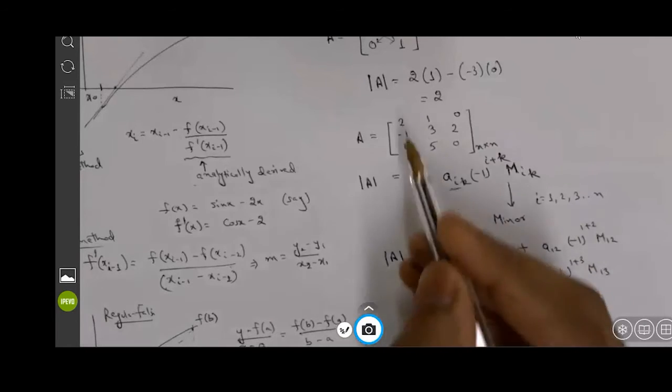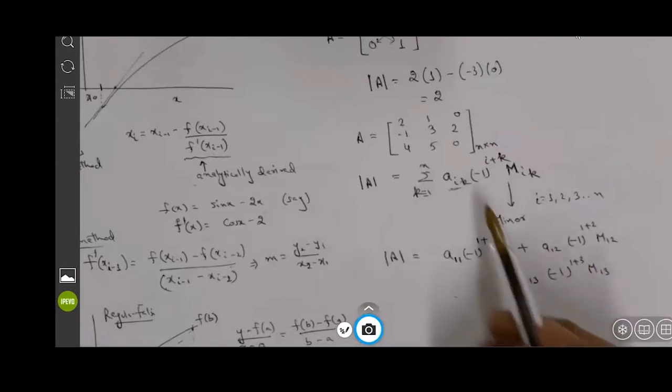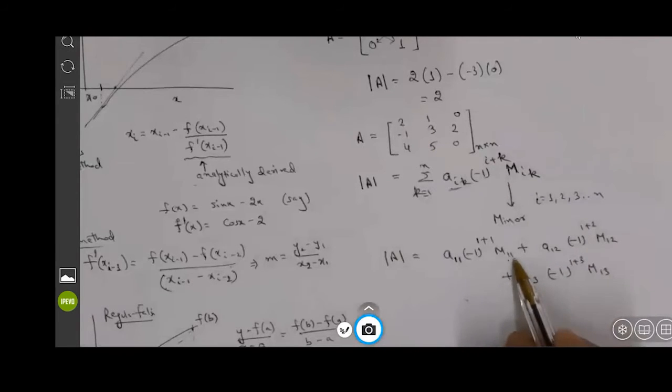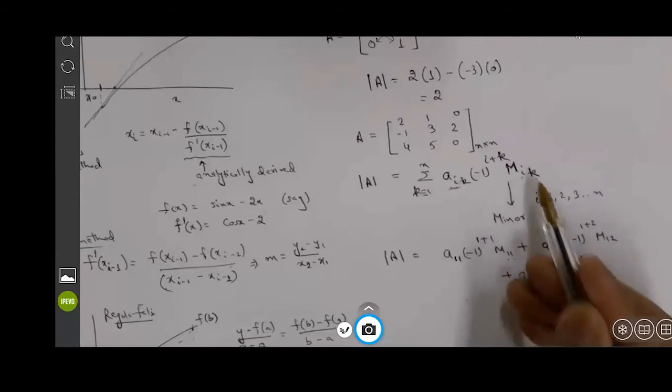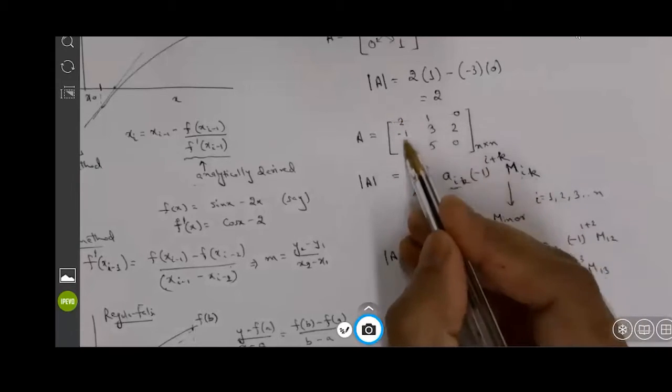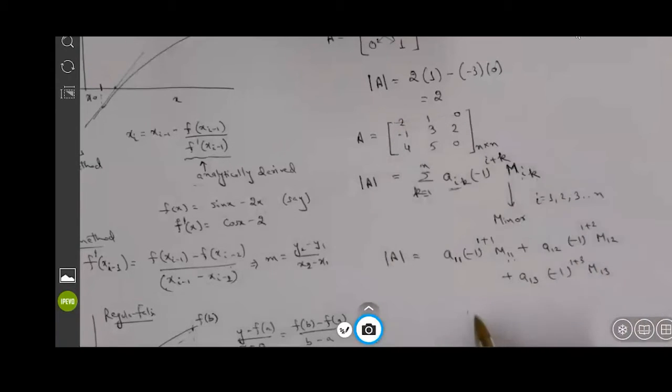And what is M11? M11 is obtained by eliminating the ith row and kth column, so first row and first column. If I eliminate first row and first column, I get 3, 2, 5, 0. So M11 is basically 3, 2, 5, 0.